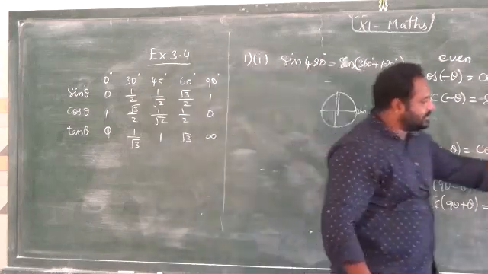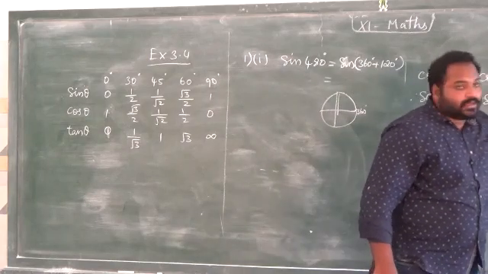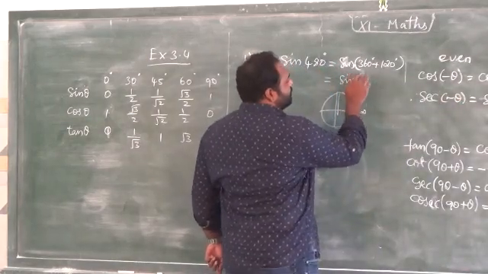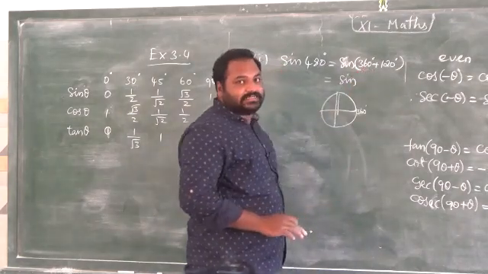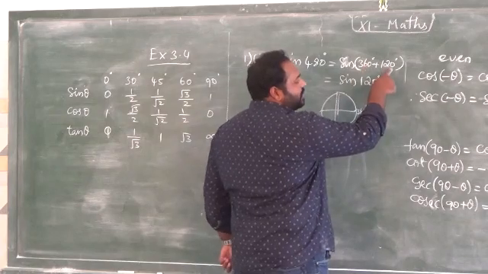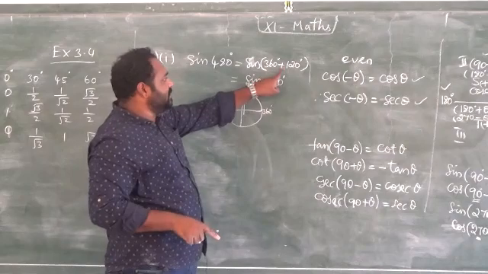In this case, sine of 360 plus, which quadrant? First quadrant, positive. We don't have any change in the function, so it is sine 120. The one complete rotation is over, so we just eliminate this 360.